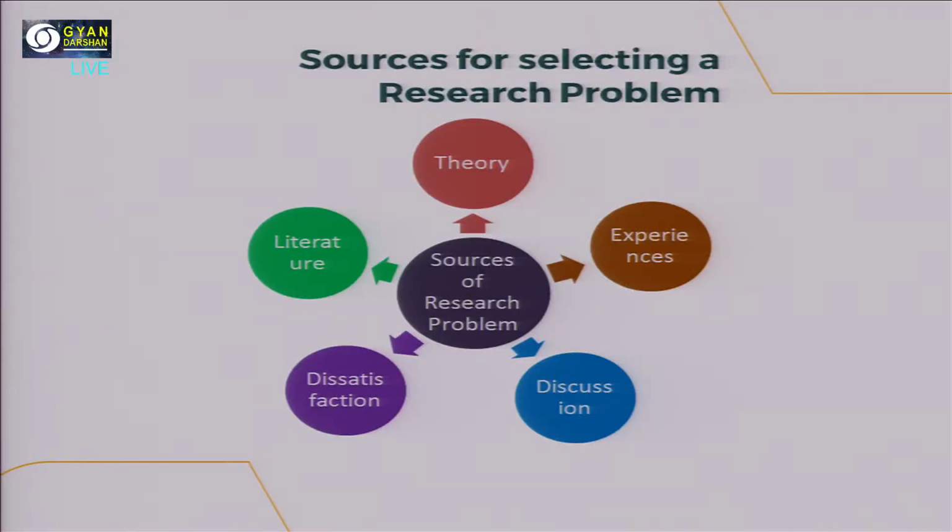Every research problem is an innovative problem. Every research problem is a new problem, if you have properly selected the problem. So friends, these are certain important sources that can help you select a good research problem.